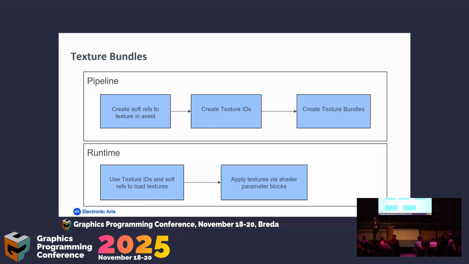We also created texture IDs, which were a combination of texture path and name hash. Corresponding to the texture IDs, we created these texture asset bundles. And at runtime, using these texture IDs, we were able to on-demand load these textures. The texture bundles once loaded were able to apply these texture assets via shader parameter blocks again.